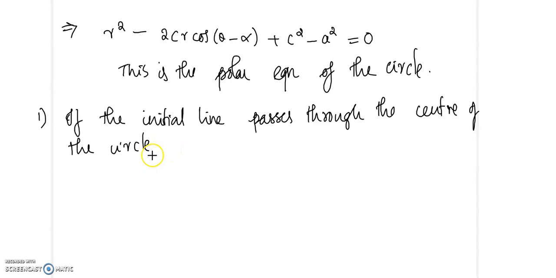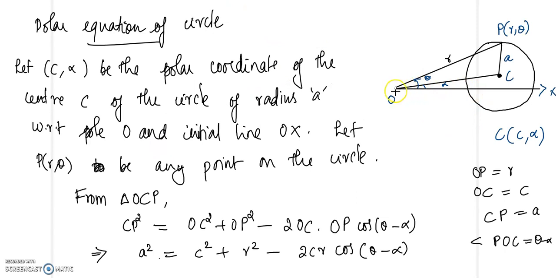So let us look at what happens to the equation of the circle. If the initial line passes through the center of the circle, that means C must lie on the initial line. If C lies on the initial line, our angle alpha will be equal to 0 in that case.